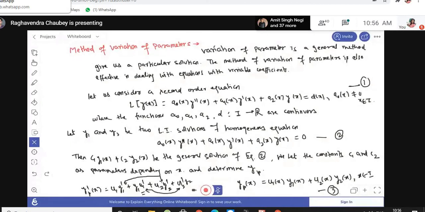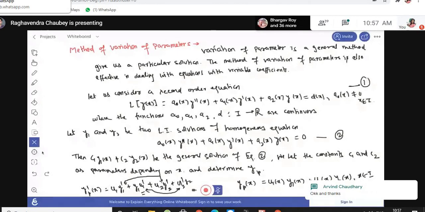If we recombine the first and third terms, where u1 and u2 are there, and in the second and fourth terms there are y1 u1 prime and y2 u2 prime, the derivatives of u1 and u2, and you are not interested in finding the second order derivatives of u1 and u2. That's why you can write yp prime equals u1 y1 prime plus u2 y2 prime plus this term.